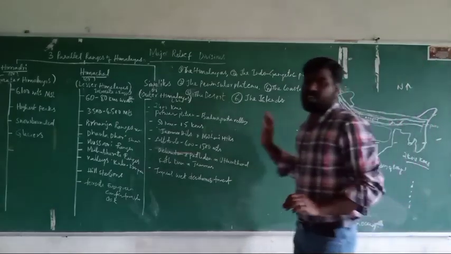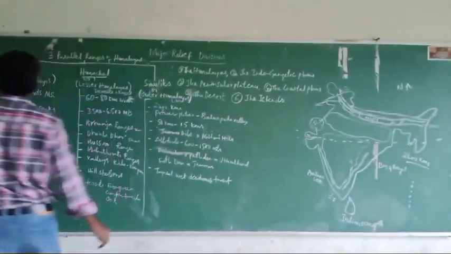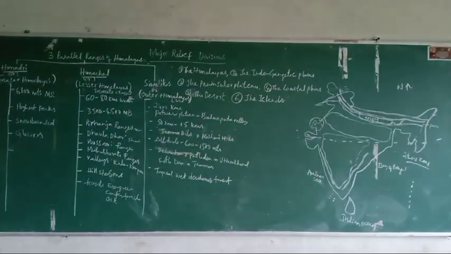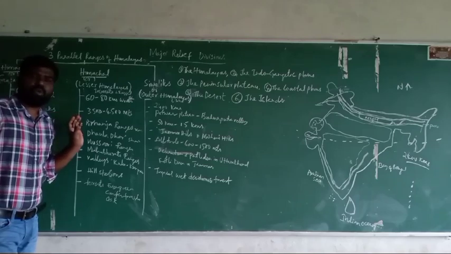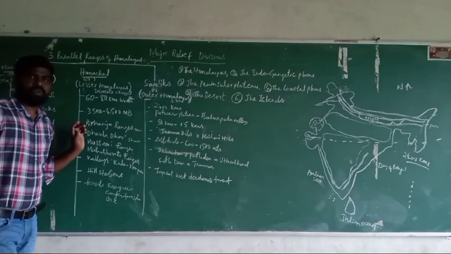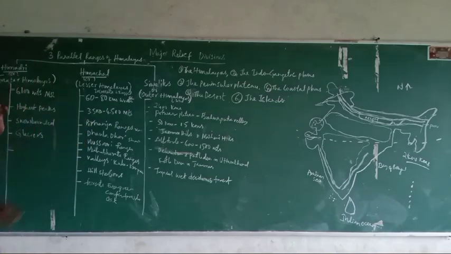Let us discuss the greater Himalayas. They are snow-bound throughout the year, that is, they are covered with snow. The average altitude of Himadri is 6,100 meters above mean sea level.